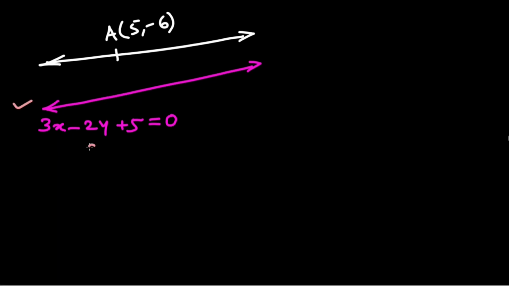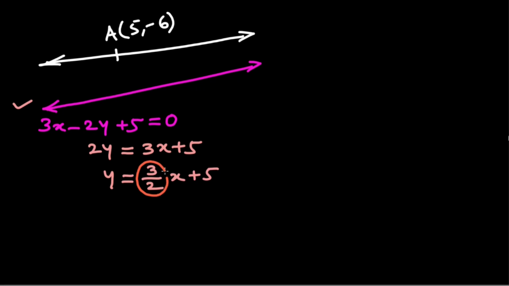So we write 2y equals 3x plus 5, y equals 3 by 2 x plus 5 by 2. Now the slope of this line is 3 by 2. Since this line is parallel to the line 3x minus 2y plus 5 equals 0, the slope of this line will be 3 by 2, because we know that slopes of parallel lines are equal.